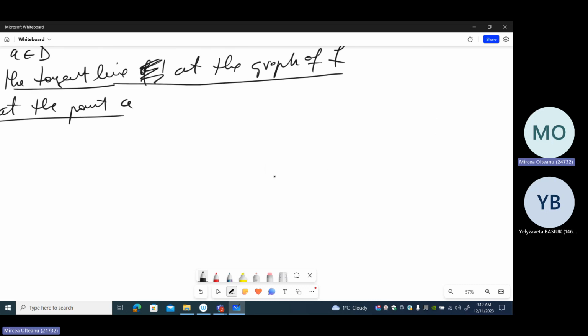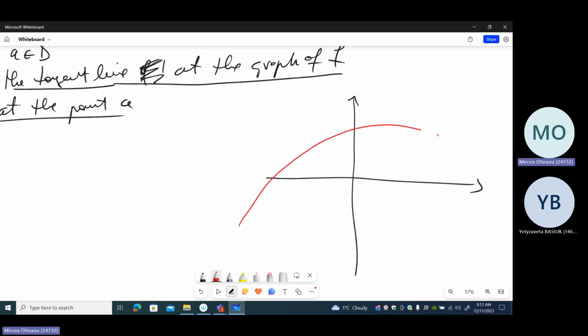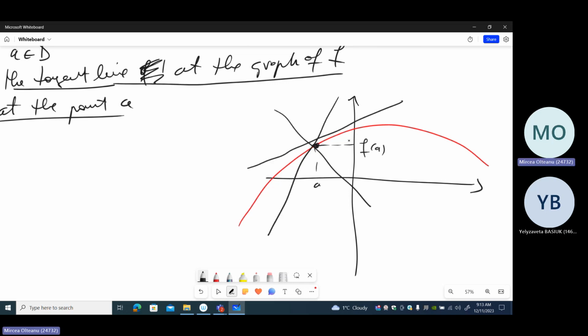It's a straight line. I shall try again a picture. So imagine the graph of f is like this. If we take here a point A, and the value of f at A is f of A, through this point there are infinitely many straight lines passing through, like this, like this, like that, and so on.